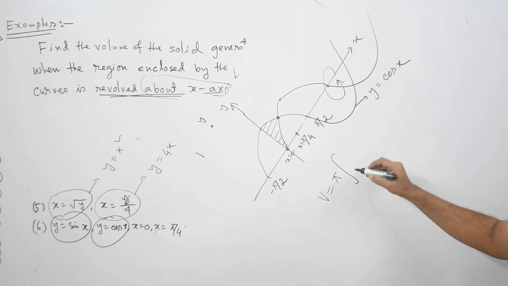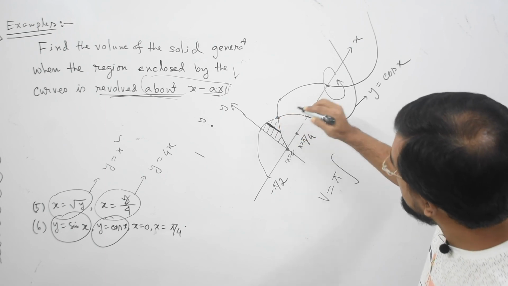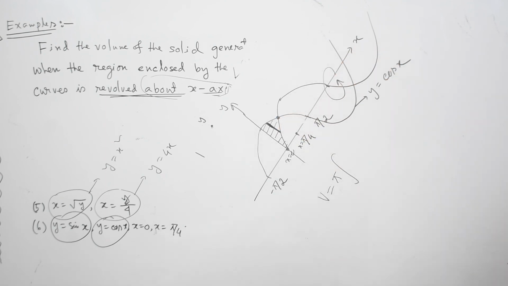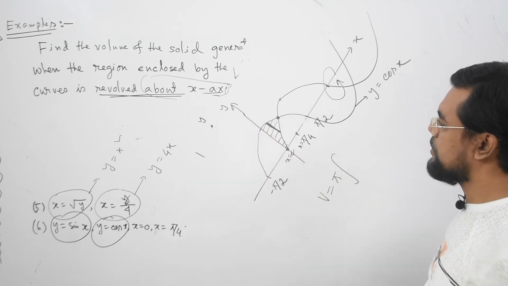So the formula will be, if you take a cross section like this, since you revolve about the x-axis, the cross section will be perpendicular to the x-axis. So this is your cross section.